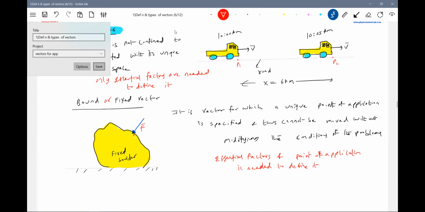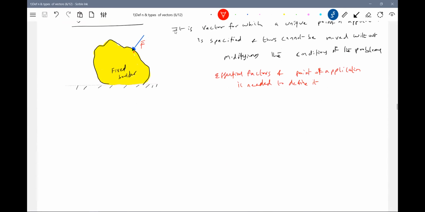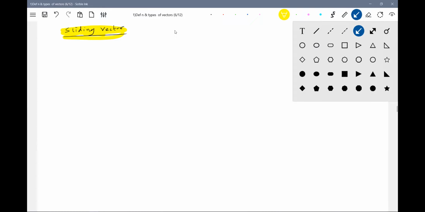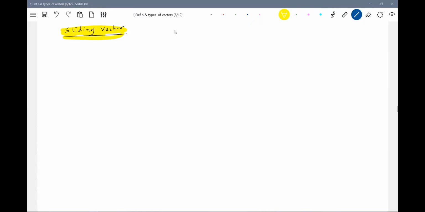So that is about the free vector and the bound vector. Last one more, we have the sliding vector. Let me take one example directly.